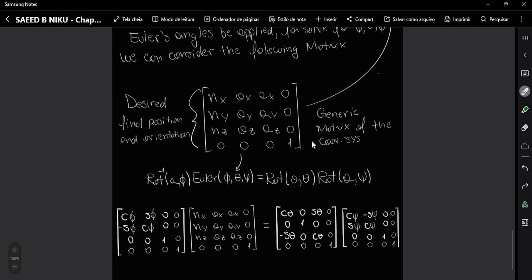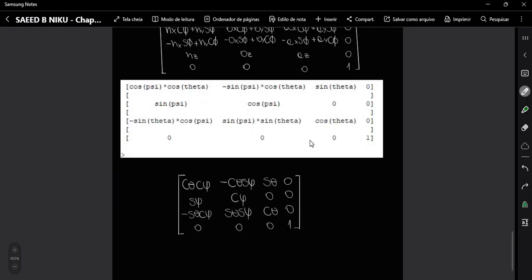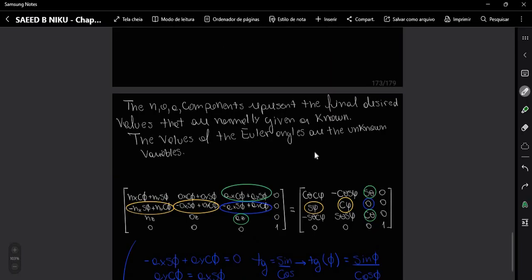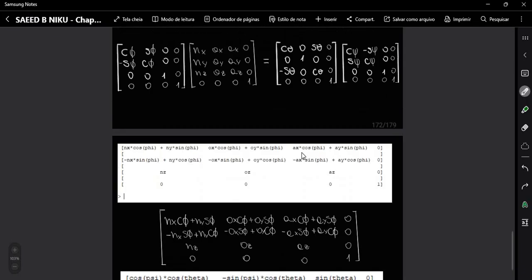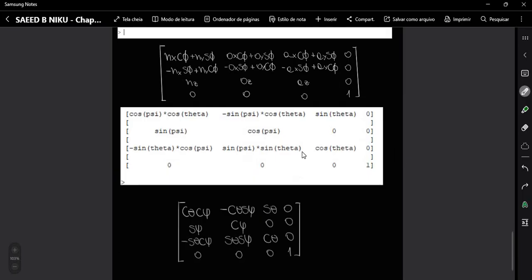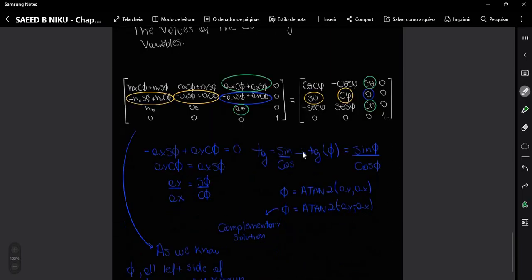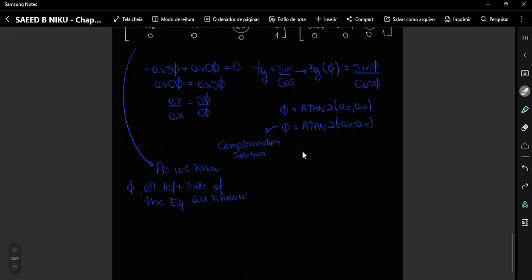So substitute the respective coordinate system in which your robot is, and try to solve for each of these angles, and afterwards compare with the results that we got for this one.